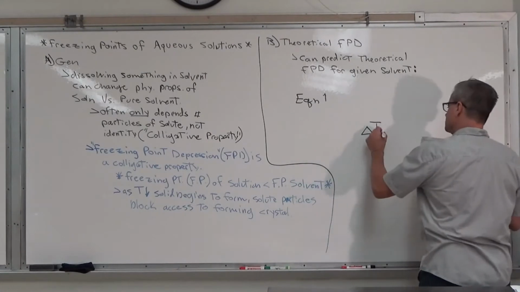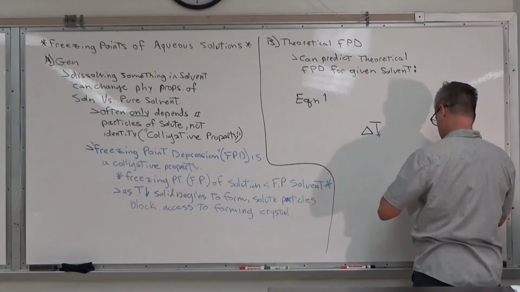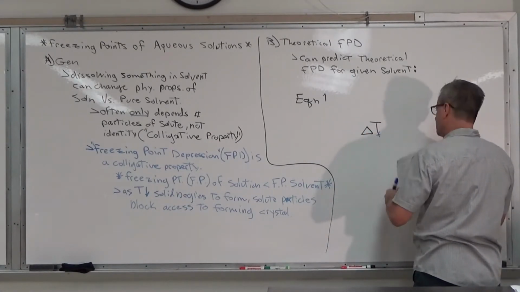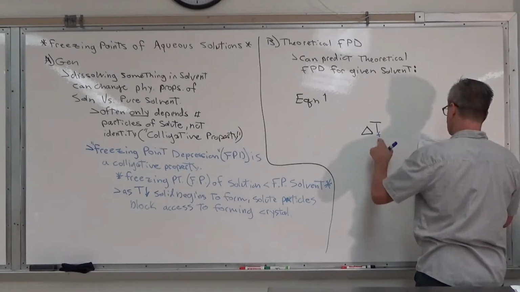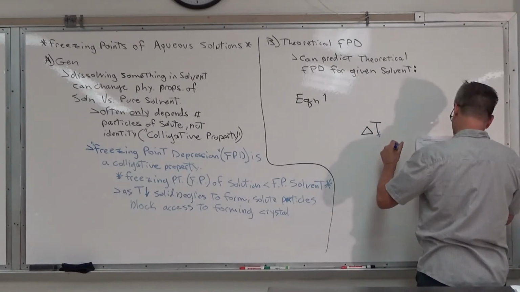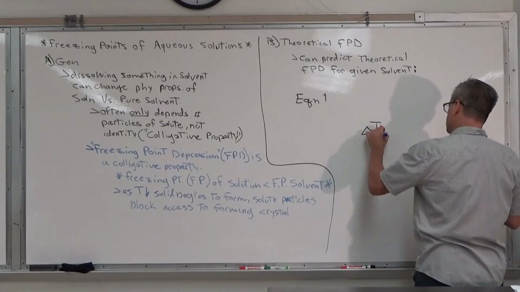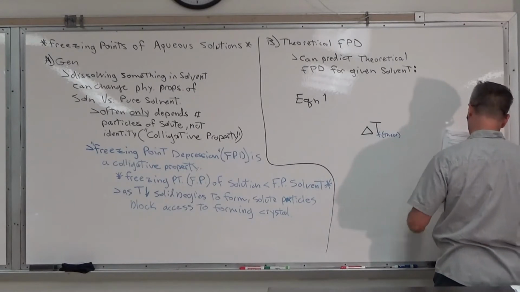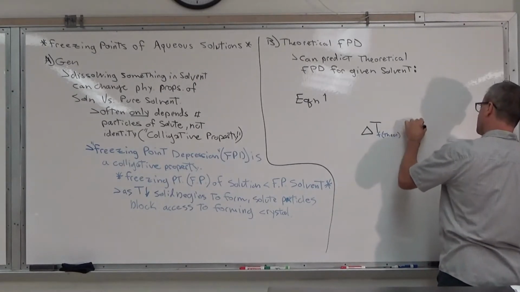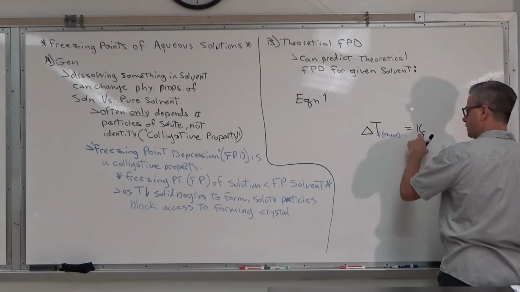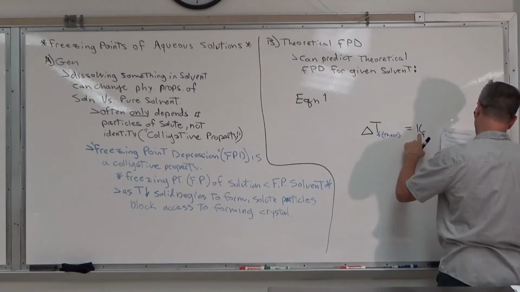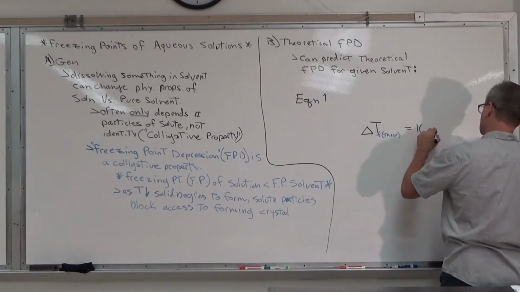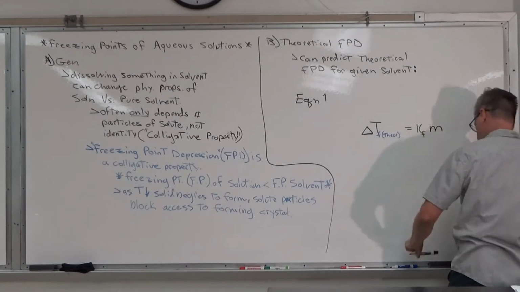It gets a subscript F because we're talking about the freezing point depression. If this was boiling point, then that might be a B. And I want to put in parentheses right here that this is the theoretical one. And that is going to equal Kf, that's the freezing point depression constant for whatever solvent you're dealing with, times m.